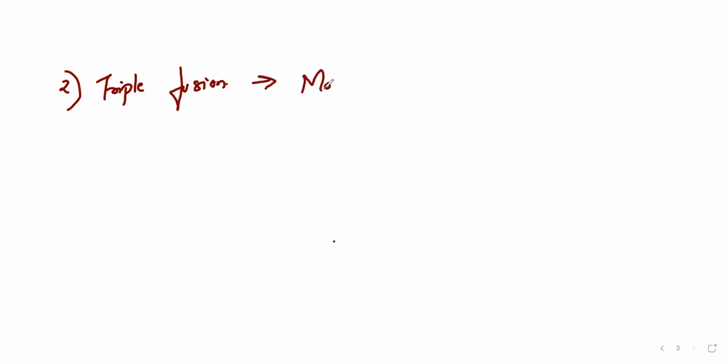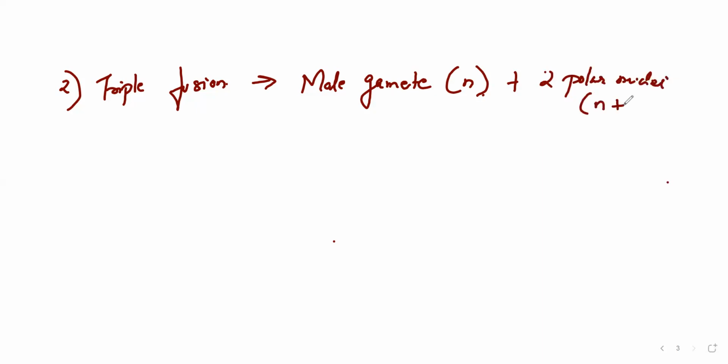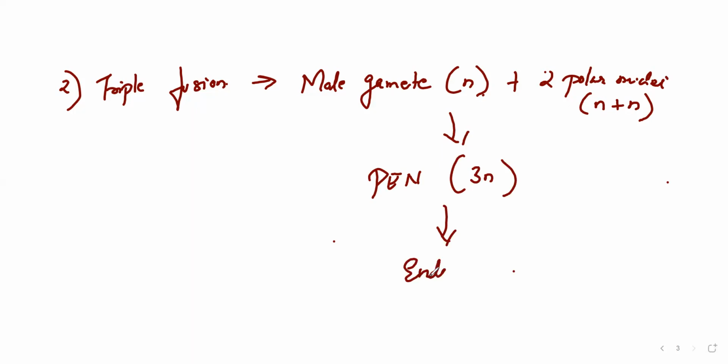So you have the male gamete, this is the second male gamete, that is N, plus the two polar nuclei. So this will be N plus N, because two polar nuclei are there. So this is going to form a PEN, that is the primary endosperm nucleus, which is 3N in total. And then finally the endosperm.